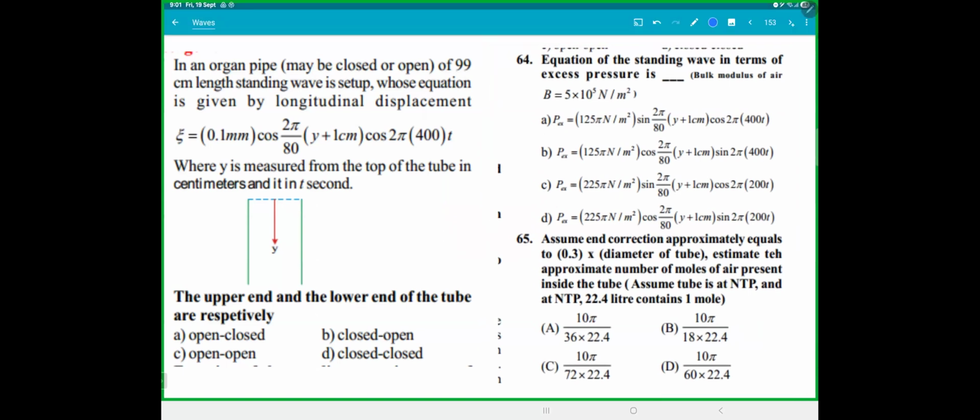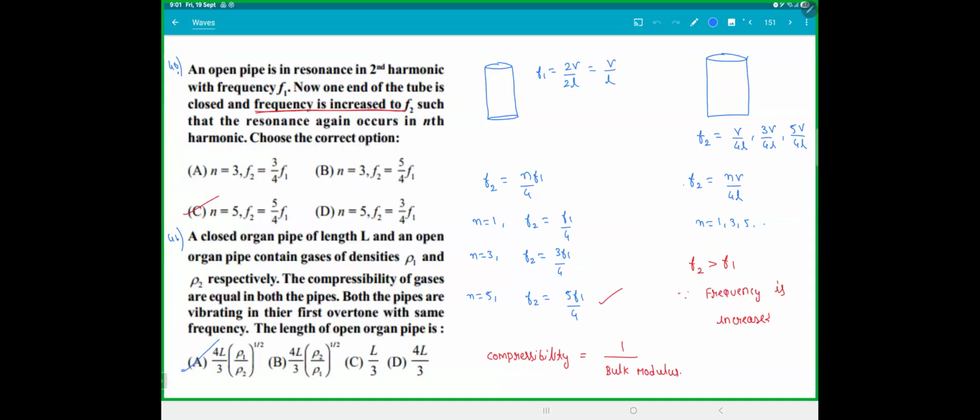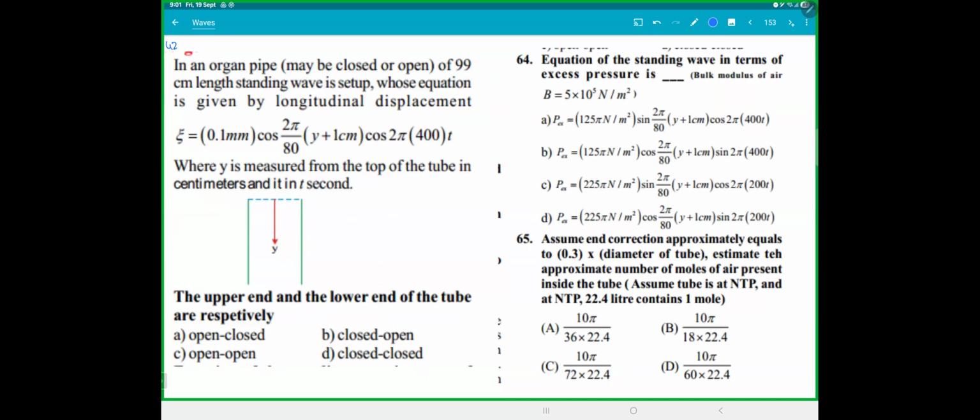Let's say they have a paragraph like this. Let's get this paragraph.